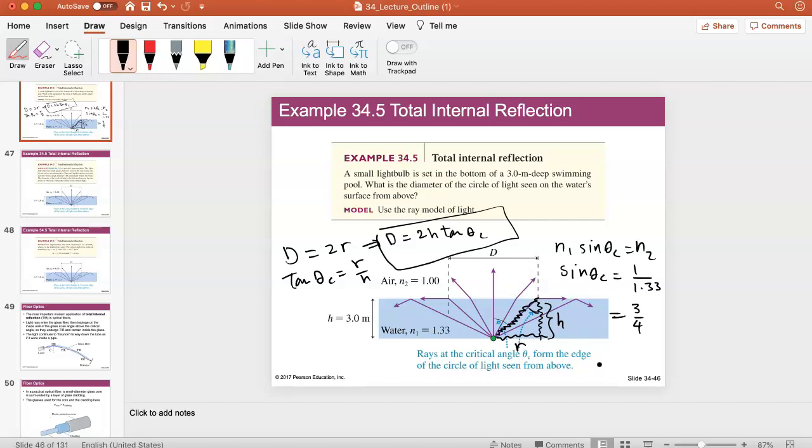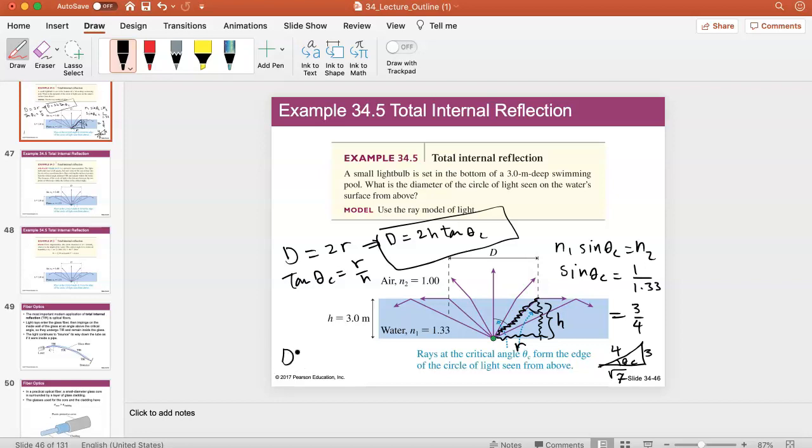So we're saying sine is 3 over 4. So if this is 3, this is 4. This side should be the square root of 16 minus 9. So it's like square root of 7. And then tangent of theta critical should be 3 over square root 7.